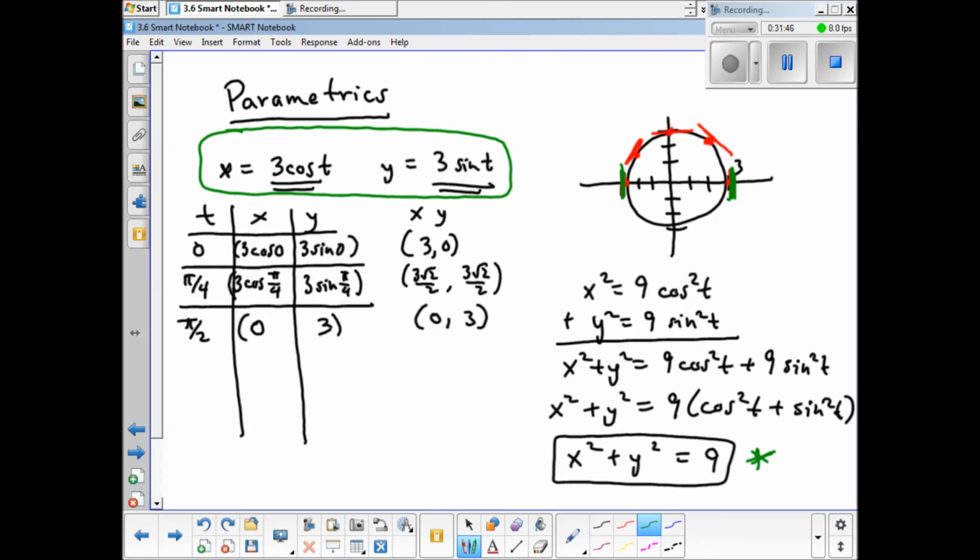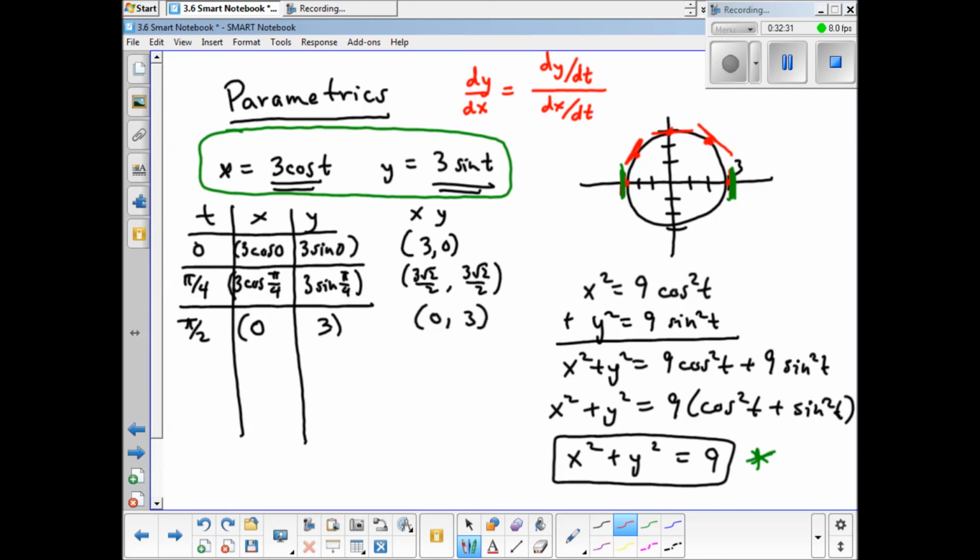To find the derivative, you would take the derivative of the y divided by the derivative of the x. Okay, so if you wanted to find the slope of the tangent lines, I shouldn't probably write m. Kind of done with m, aren't we? The derivative is going to be, and let's go ahead and use dy dx on this, okay? It's going to end up being dy dt over dx dt.